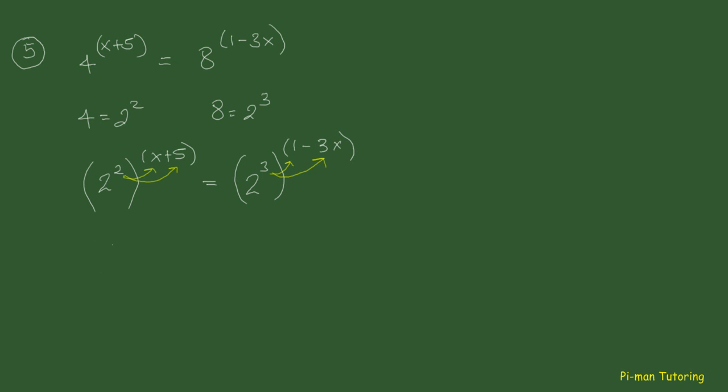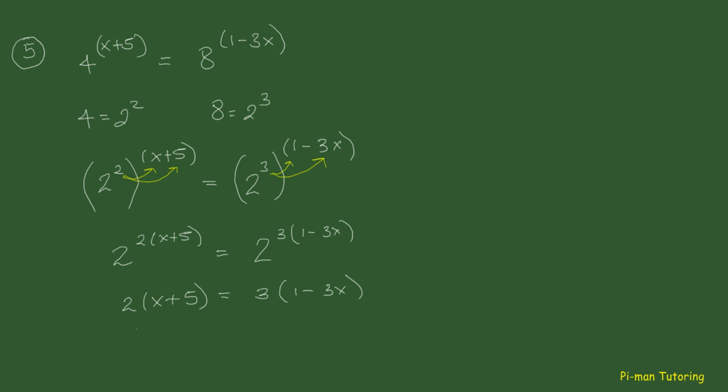And that will give us 2 to the power of 2 into x plus 5 is equal to 2 to the power of 3 into 1 minus 3x. Distributing those brackets, once we have written down the equality, the exponents are equal to each other.